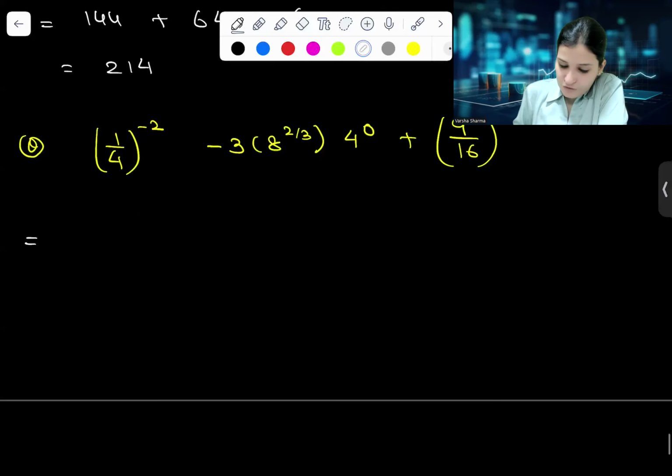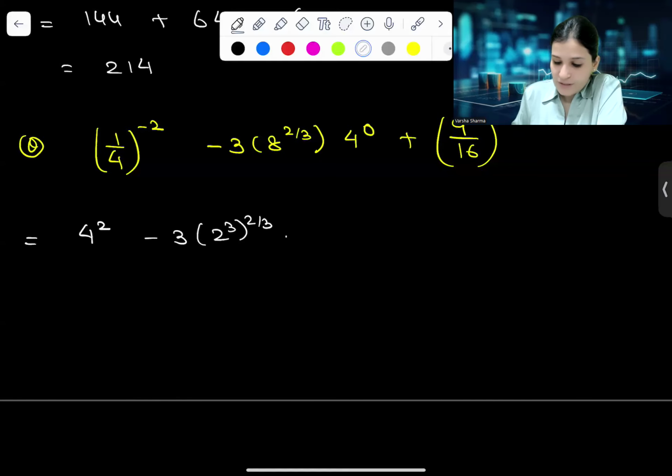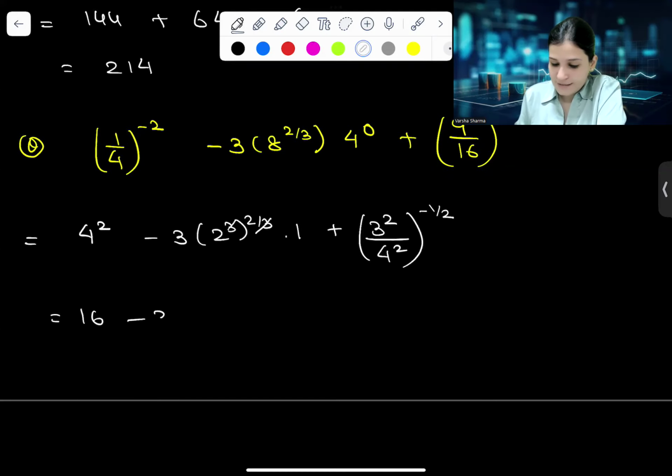Now, 1 by 4, this is 4 to the power minus 2. Sorry, 4 to the power plus 2. 8 can be written as 2 cube. 4 power 0 is 1. This is 3 square. This is 4 square power minus half. This is 16 minus 3 into 4.